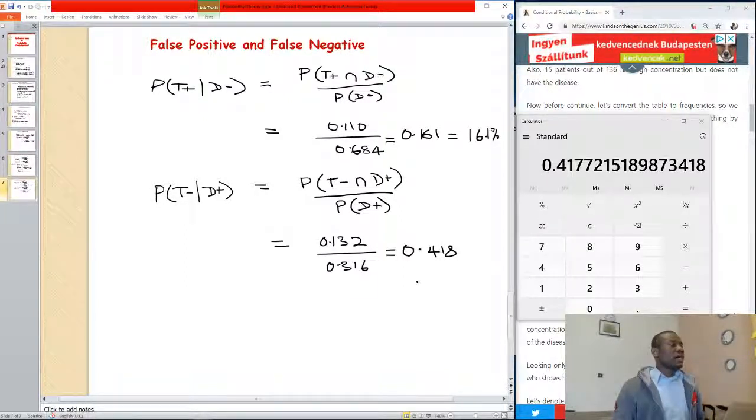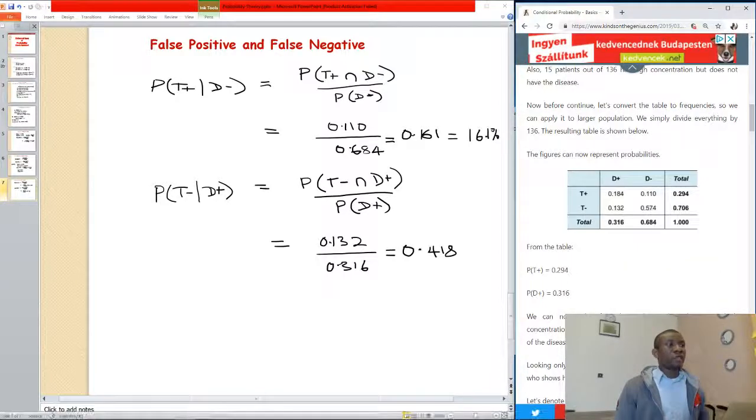So this is actually a problem because we have a 41.8% chance that the disease is there, meanwhile the doctors are getting a negative result, and this is a problem that has to be avoided.